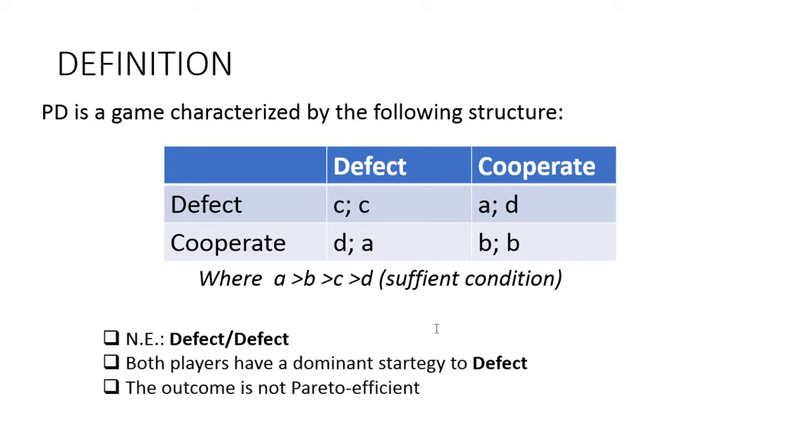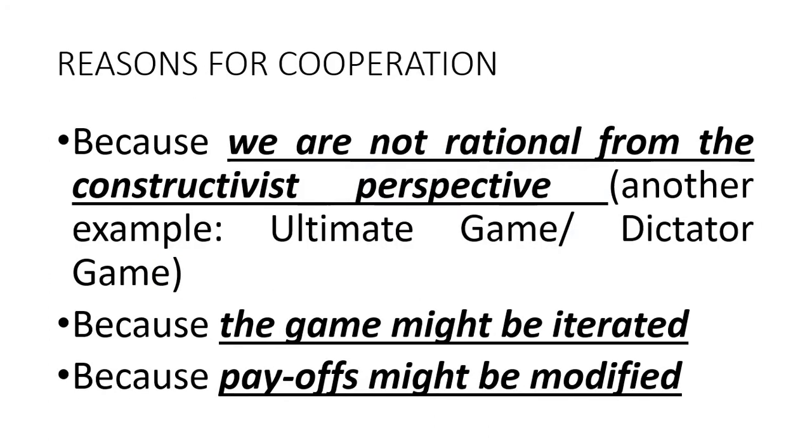And theoretically, if two players are rational, they should never ever cooperate. However, in real life, players still do cooperate. There are several reasons. The most obvious one is that we are not perfectly rational players. We have some kind of moral sentiment, other considerations. So it's very similar to the dictator game we discussed during the classes.